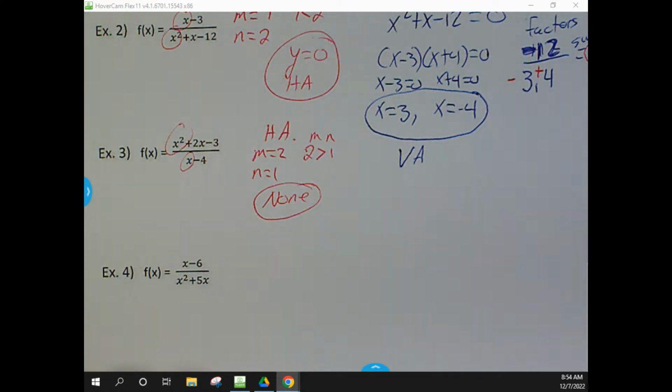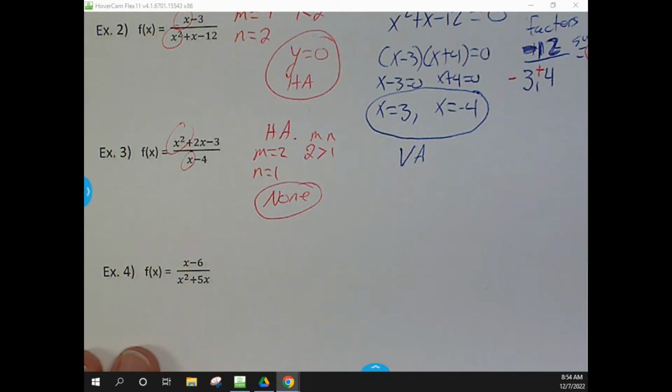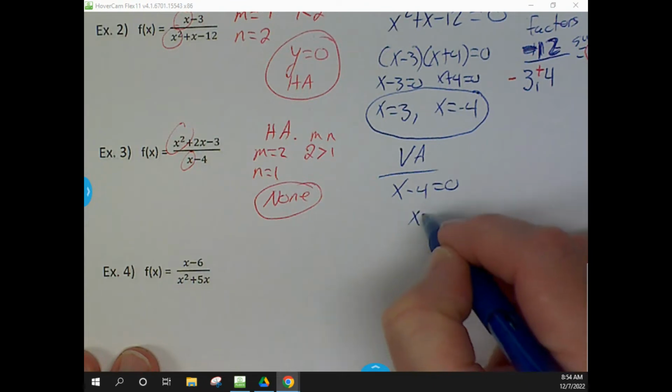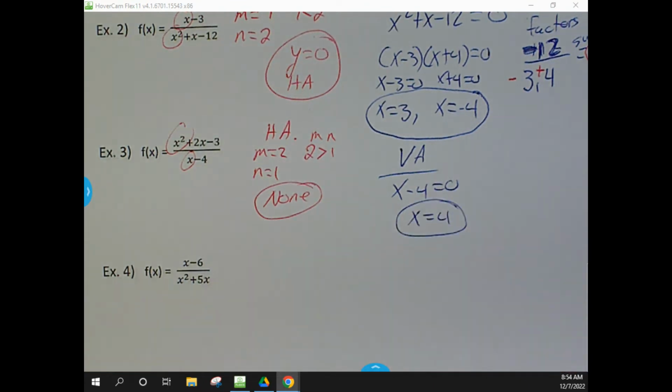All right, vertical asymptotes. This one is pretty easy. It's just x minus 4 equal to 0, so it's x equals 4.